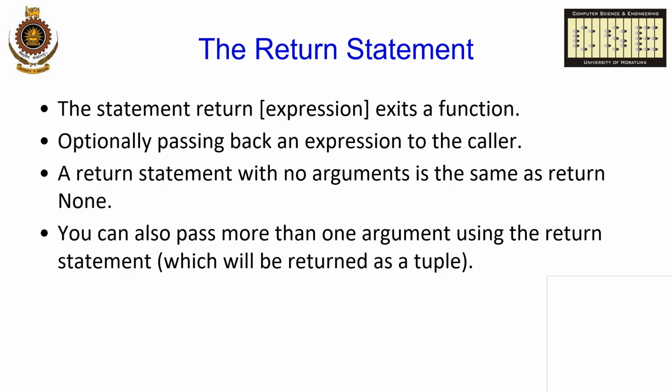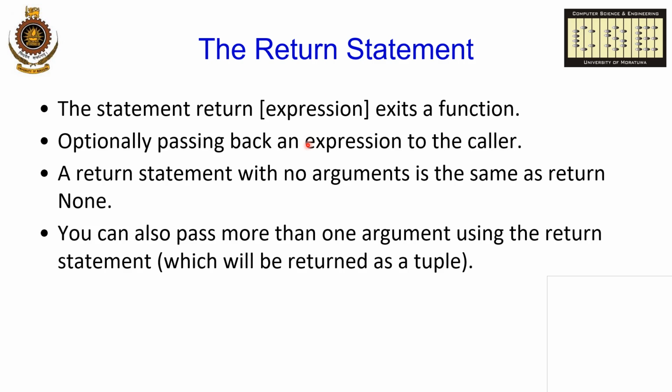Otherwise, if you want to return a value to the calling function when you exit, you can use the return statement. The return statement exits the function, and when exiting, optionally you can pass a certain result to the calling function. That's the idea of a return statement.